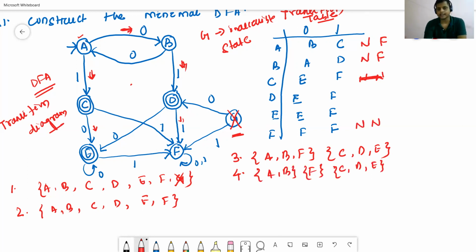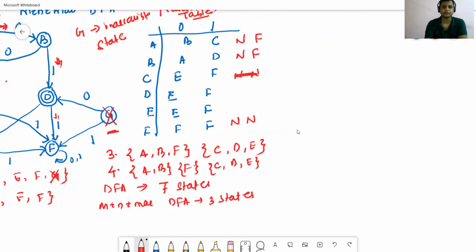Initially the DFA has a total of 7 states, but after minimization, the minimal DFA contains 3 states.